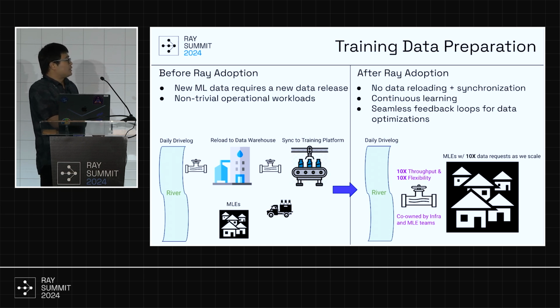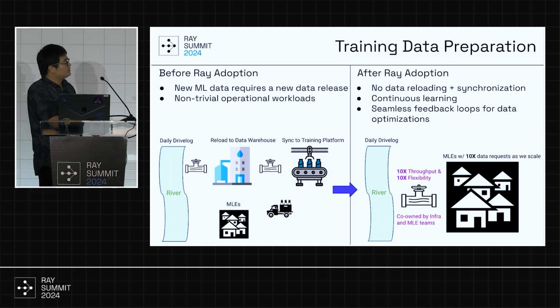After we adopted Ray, we directly built a very high-performance pipe to route from the river directly to our village. Now the village is 10x larger because we have 10x more data requests. Instead of optimizing each step, we just rebuilt this with Ray Data. The first benefit is there's no data reloading.